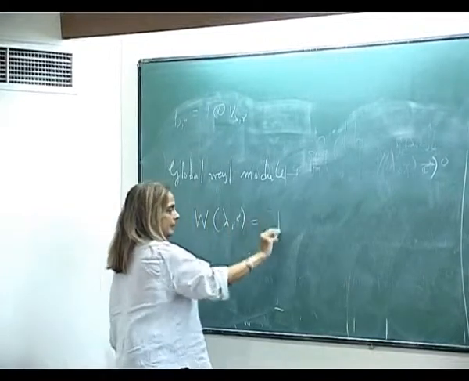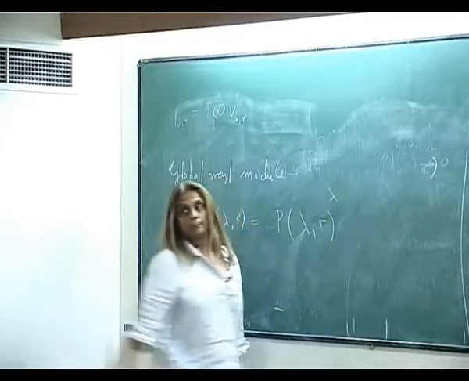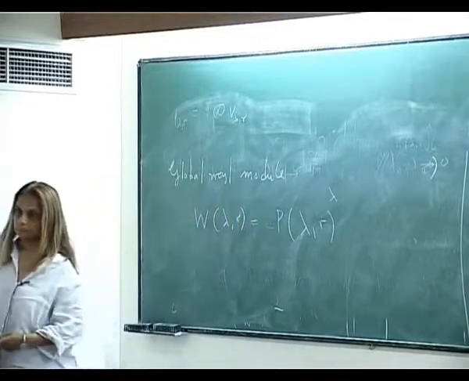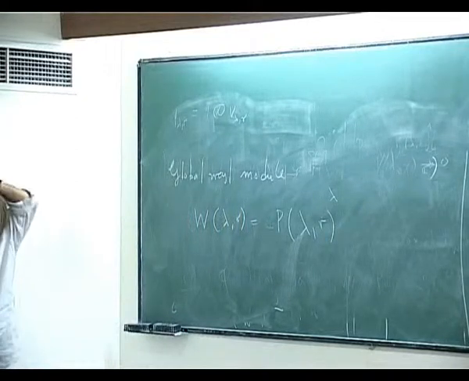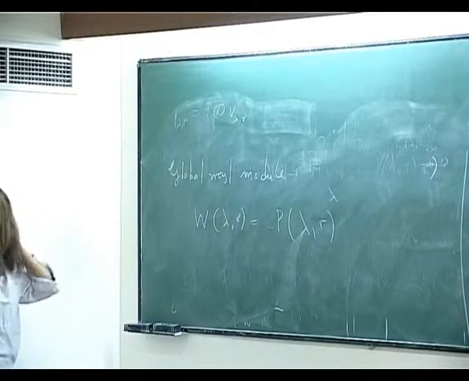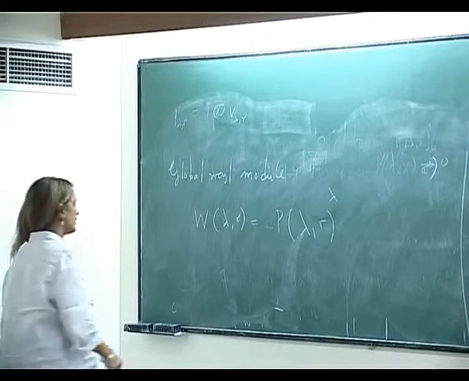You take P lambda R and you truncate it at lambda. You get rid of any weight which is not smaller than lambda. What's an immediate consequence?